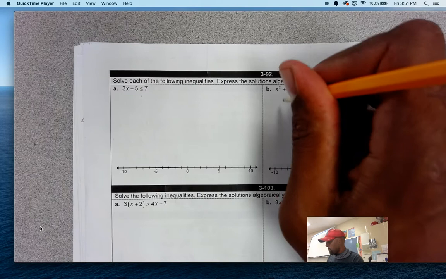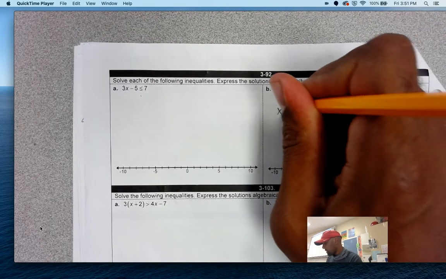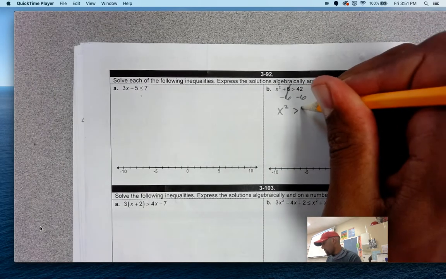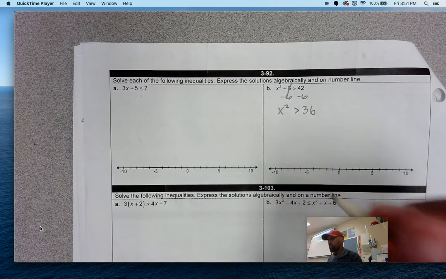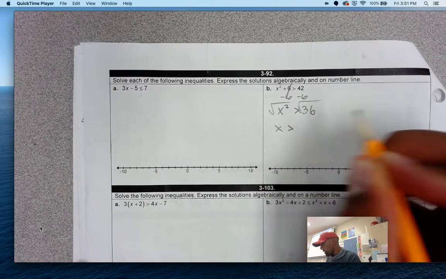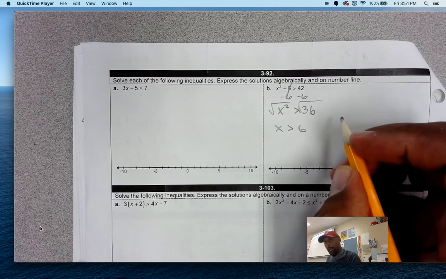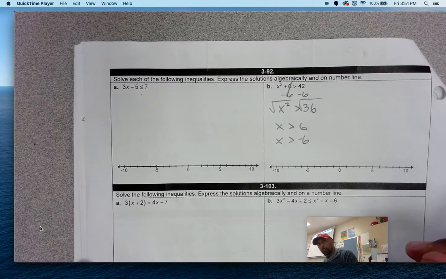So in this case, I'm actually going to want to subtract this from both sides and get x squared is equal to, what is that, 36. And now I'm going to square root both sides. So I get x is greater than 6 and x is greater than -6.